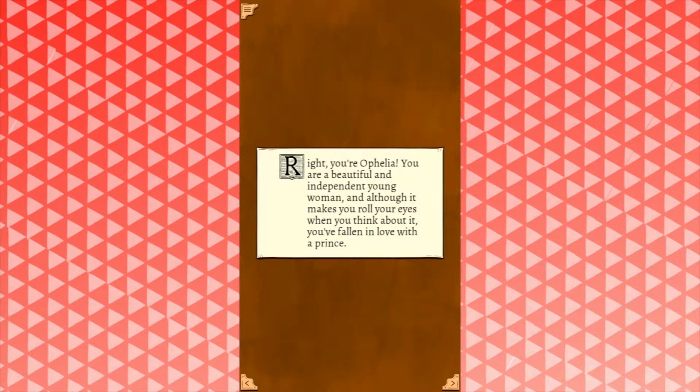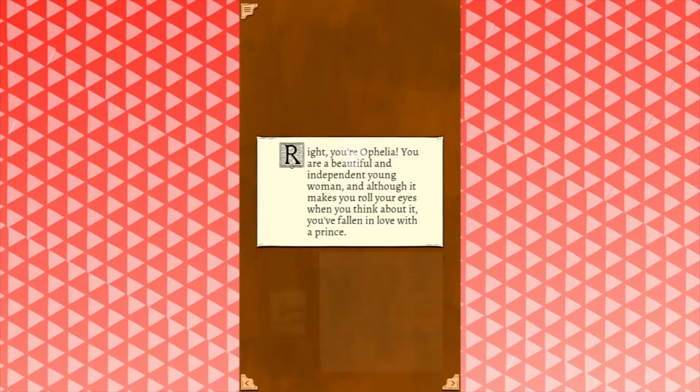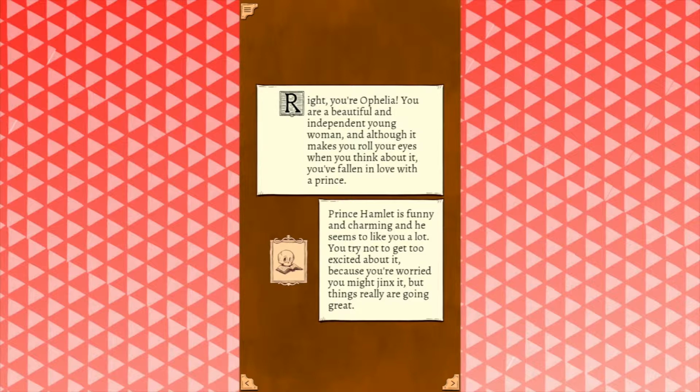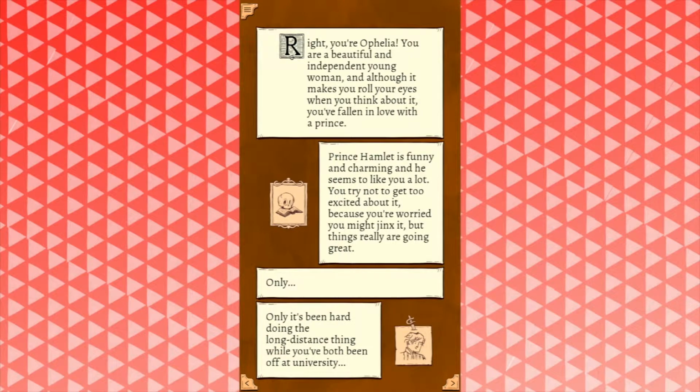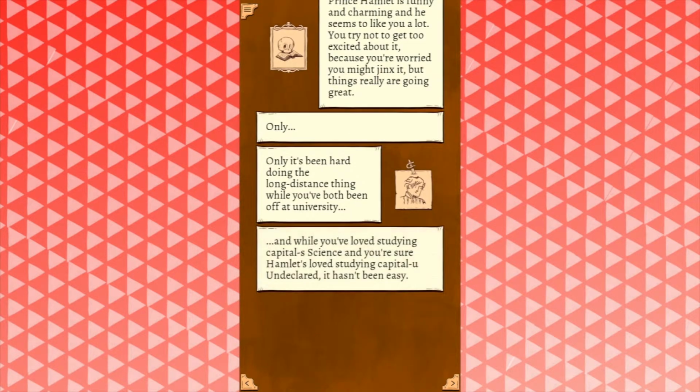Right, you are Ophelia. You are a beautiful and independent young woman, and although it makes you roll your eyes when you think about it, you fall in love with a prince. Prince Hamlet is funny and charming, and he seems to like you a lot. You try not to get too excited about it, because you're worried you might jinx it, but things are really going great. Only it's been hard doing the long-distance thing where you've both been off at university.